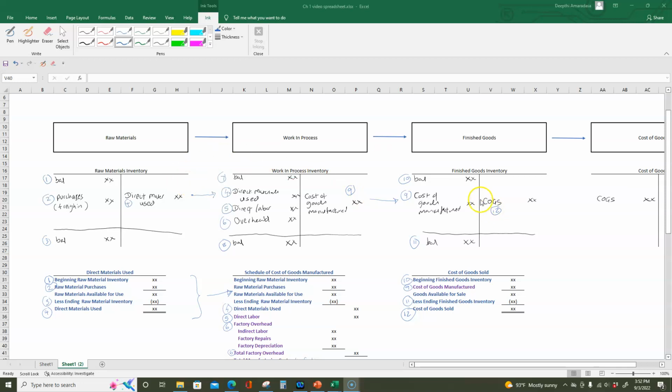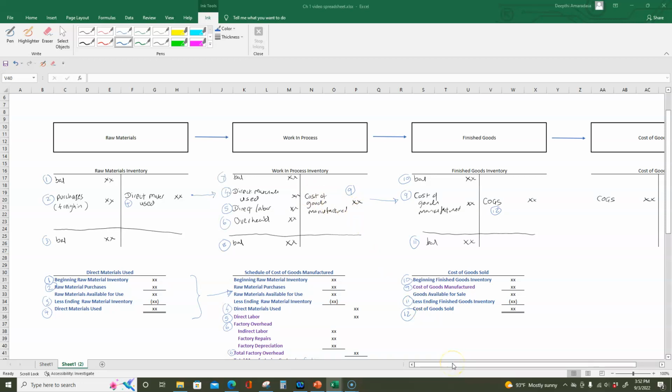For example, if you are asked to calculate cost of goods sold and you were missing cost of goods manufactured in the finished goods T account, you'll have to first figure out cost of goods manufactured before you calculate cost of goods sold. And we know cost of goods manufactured came from the work in process inventory account.